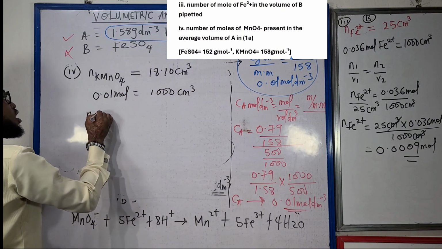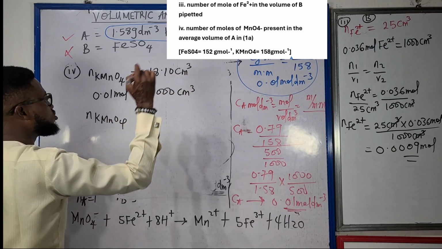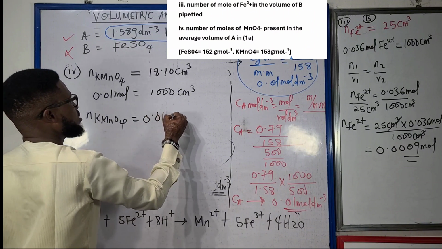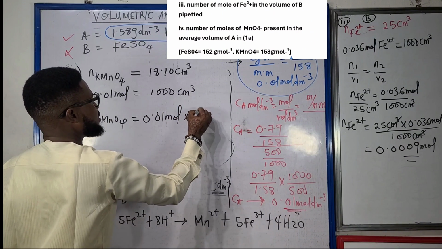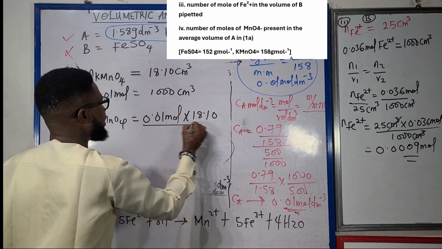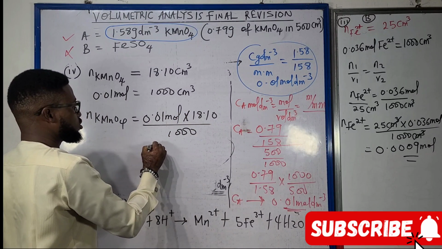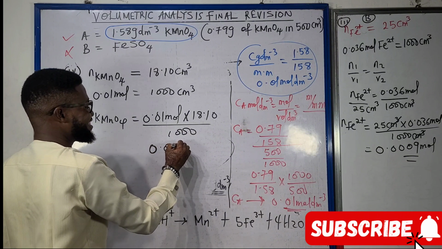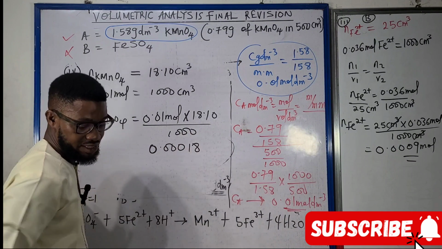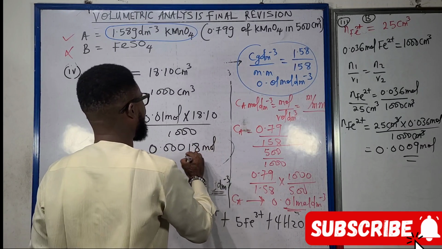So number of moles of KMnO4, following the same formula, would be 0.01 mole times 18.10 divided by 1000. That is going to give us 0.00018 mole, and that's justified.